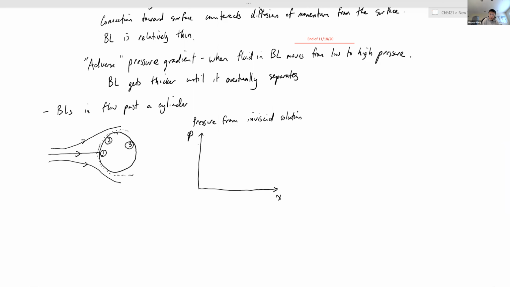The pressure along the surface looked something like this. I have really bad drawing normally and even worse on a touch screen. Okay, it looks something like this. This up here is the front, and here was the back.